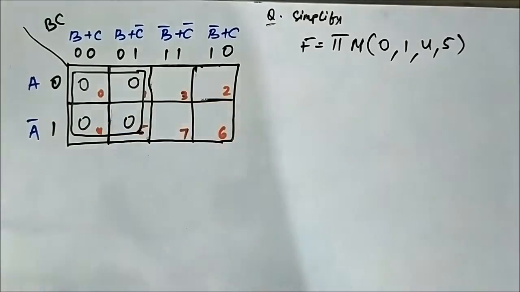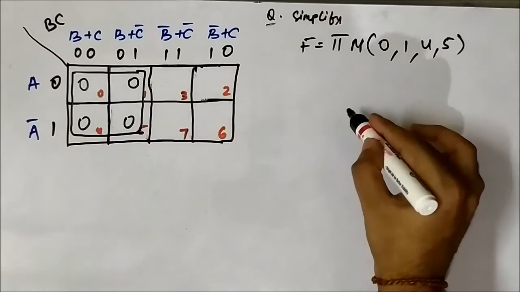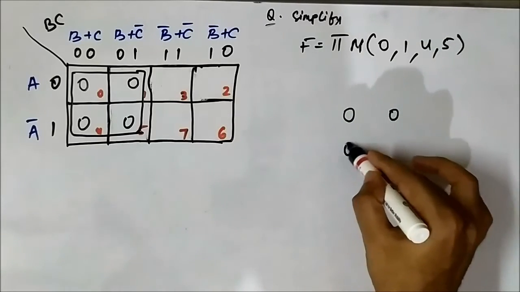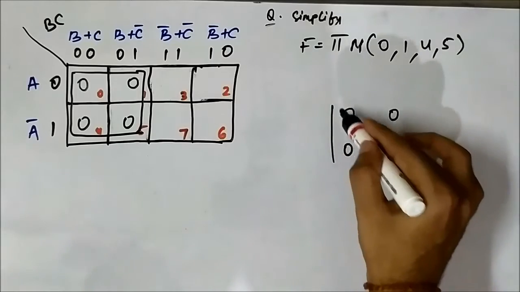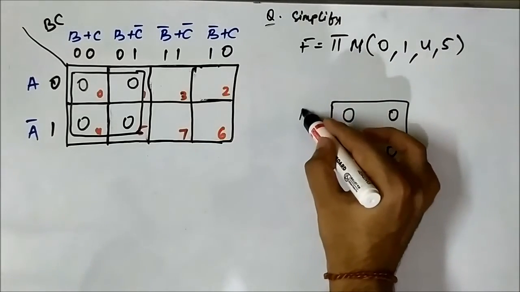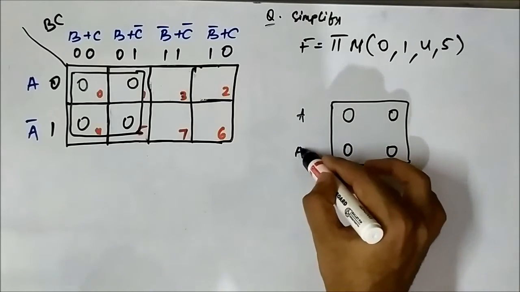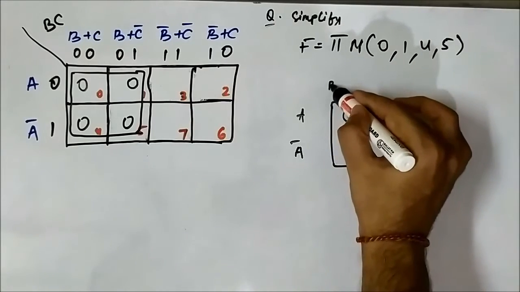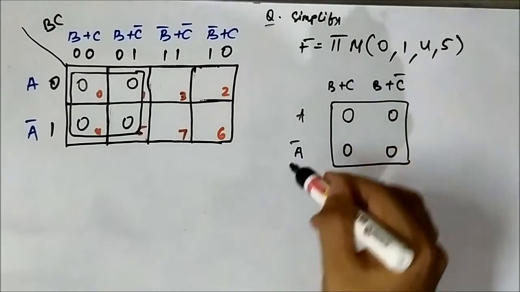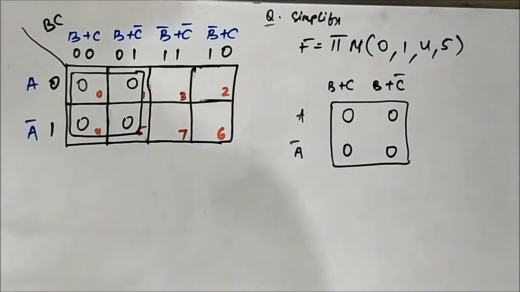Now we have to identify the common variables. Horizontal components, vertical components. So you see in the horizontal side there is nothing common.